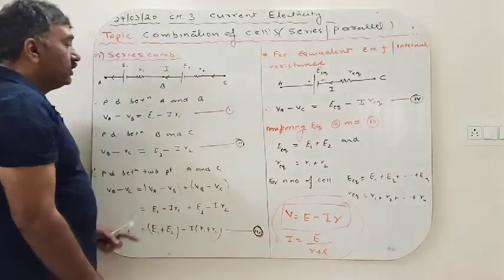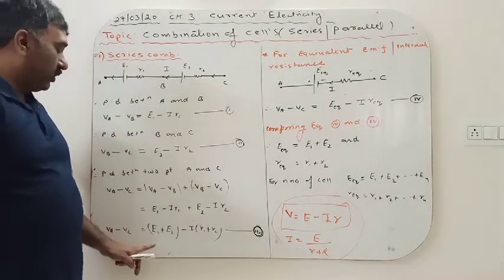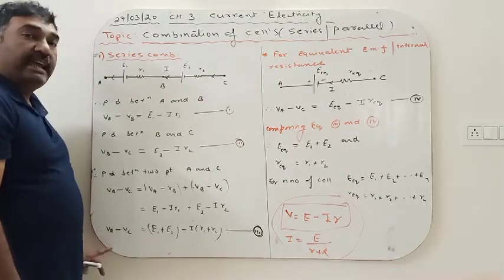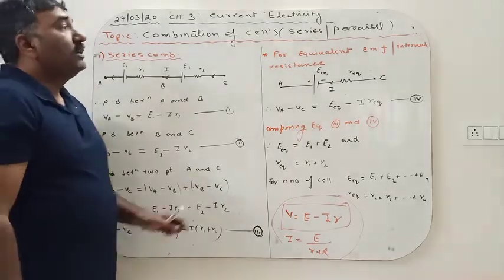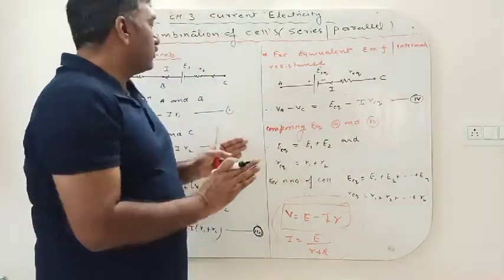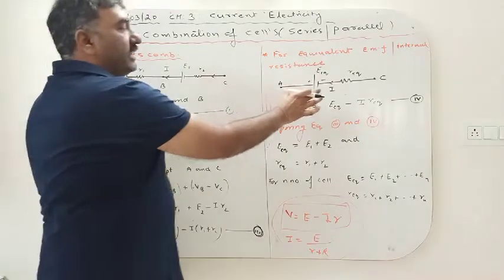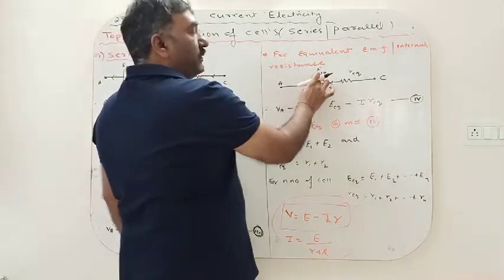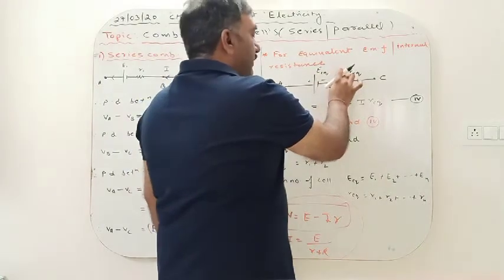From equations 1 and 2 we obtained equation 3, which gives the potential difference between A and C. For the equivalent EMF and equivalent internal resistance, we replace the two cells with a single cell whose EMF is E equivalent and internal resistance is R equivalent.